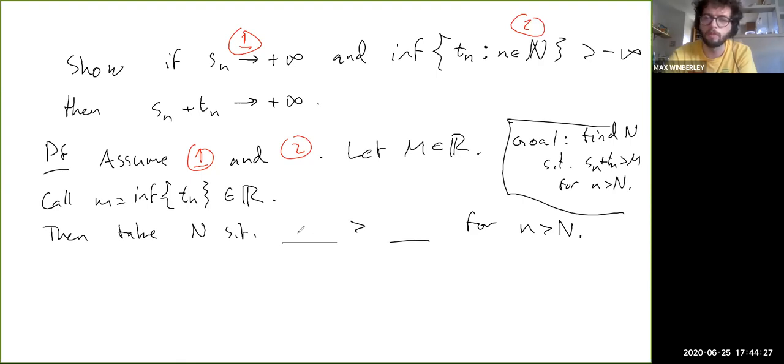Let's say blank number 1. What do you guys think? I'll fill in blank number 1. Maybe this is a little bit confusing. Sn is the thing that we actually have control over. We can leverage what we know about it, right? But what goes in blank number 2?